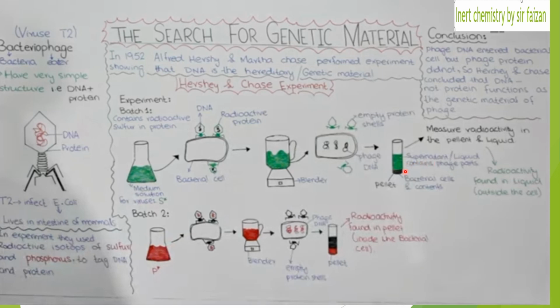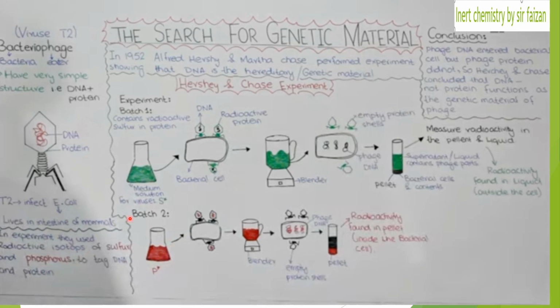Then they measured the radioactivity. They found that when they used sulfur, the radioactivity is shown in the upper layer. And you know that in the upper layer there are viral particles.